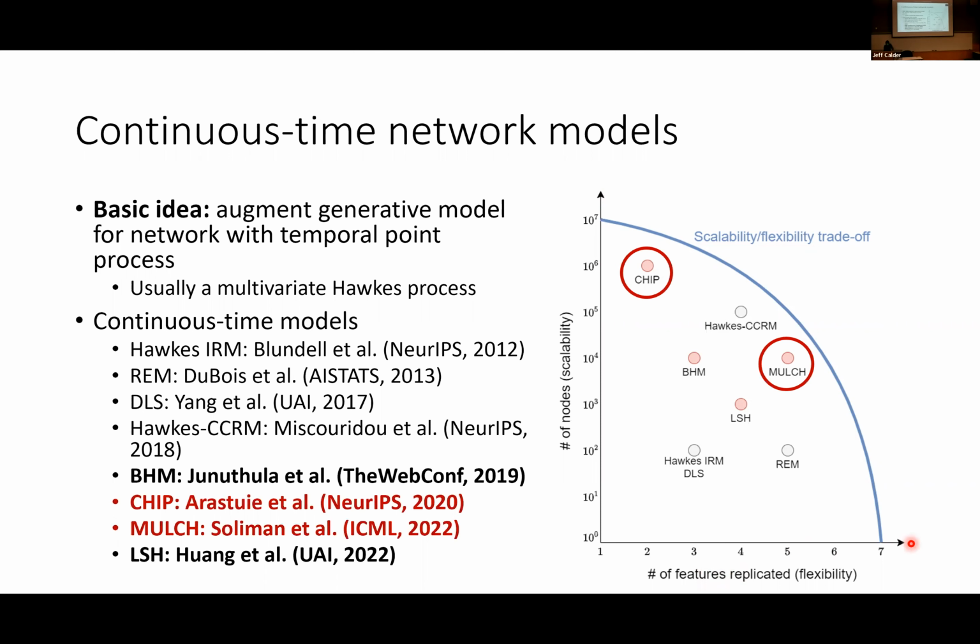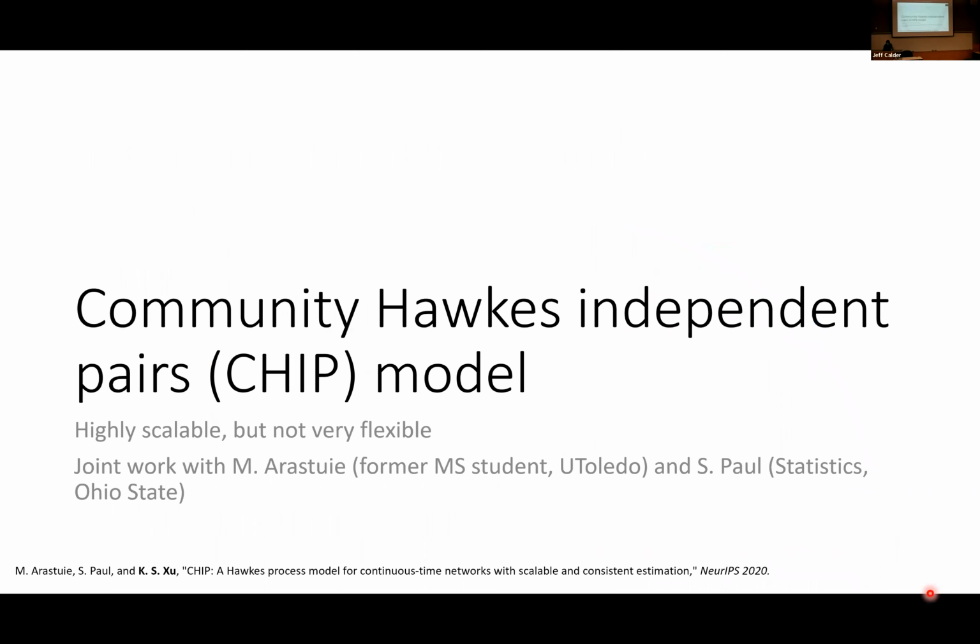Today I'm going to briefly talk about two models in this landscape. One's called CHIP, one is called MULCH. And by the way, this was current as of last year. In the past year, there's been even more papers that have come out, and this is stretched out even further.